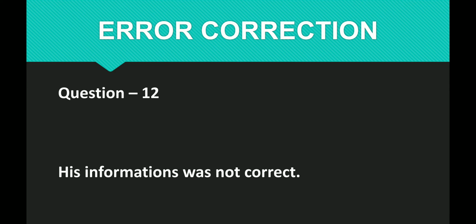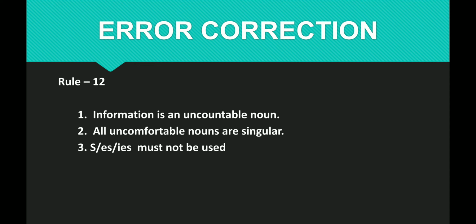Well, this is question number 12. His informations was not correct. Do remember, the word information is an uncountable noun. And we know all uncountable nouns are singular. Hence, we cannot use S, ES or IES after an uncountable noun.